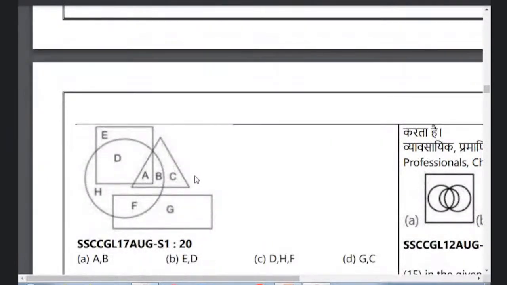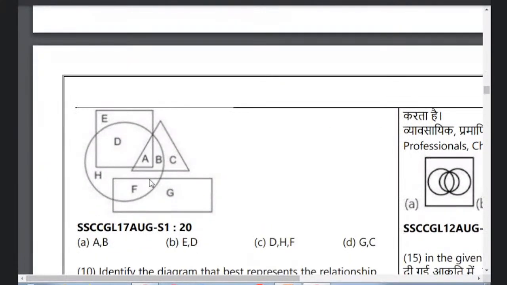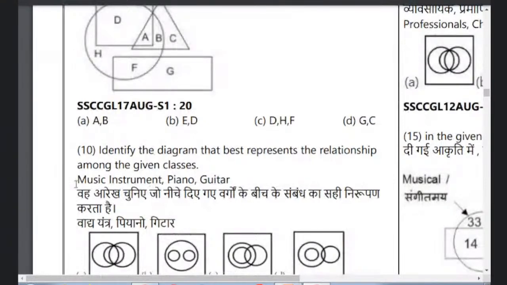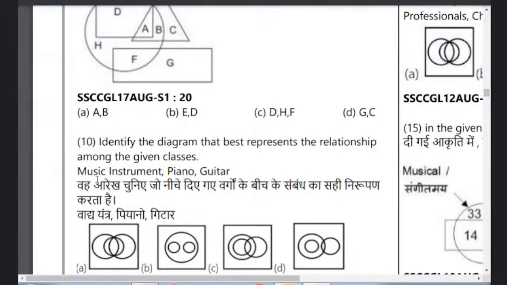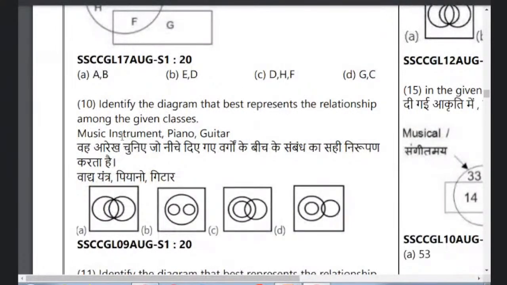A and B. Okay. Then in the tenth question we have to find the relation between music instrument, piano and guitar. Music instrument, piano and guitar.